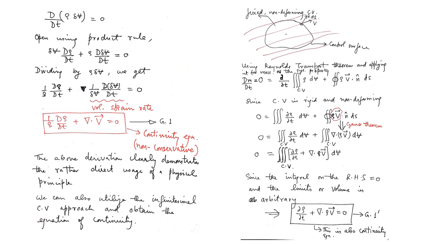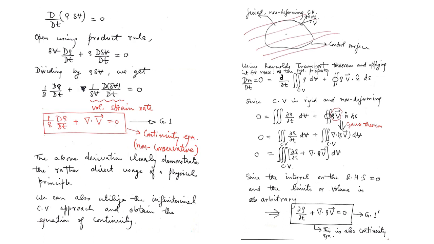So what is this? This is nothing but the volumetric strain rate. And what is volumetric strain rate? We have already shown and we have derived in the earlier lectures. It is simply divergence of the velocity field. So it was a very simple matter to arrive at continuity equation, which is being labeled as G.1.